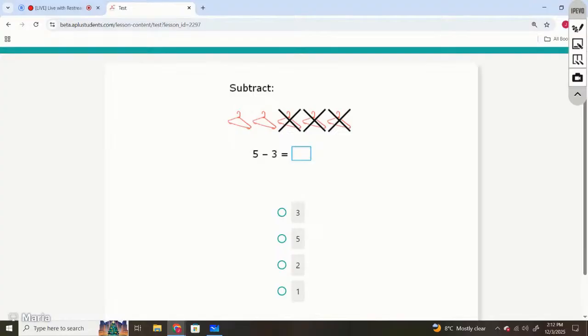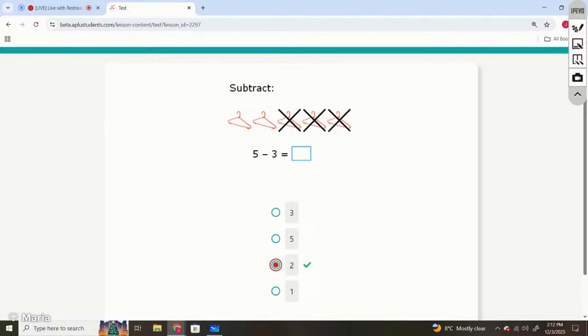5 take away 3. So 5 take away 3 is, yes, we are left with the ones that are not crossed out, which is 2.